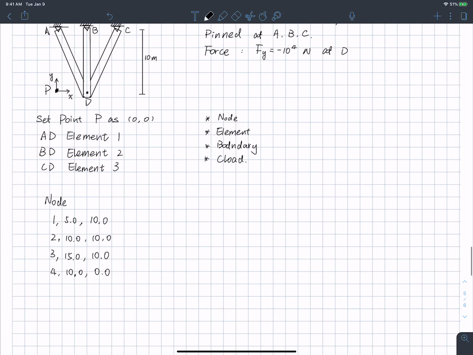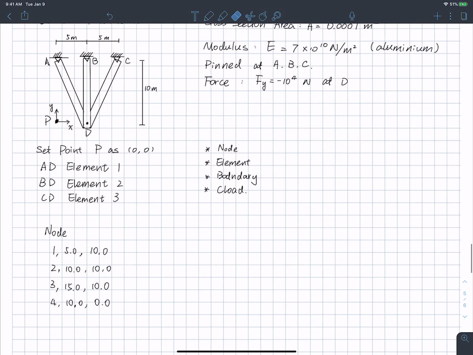So after we switch out the nodes, we are going to rewrite the elements. So what is the element going to look like? Again, keep in mind the first entry of every single element is the number of the element. The second entry is the first node of that element, and the third entry is the second node of that element.